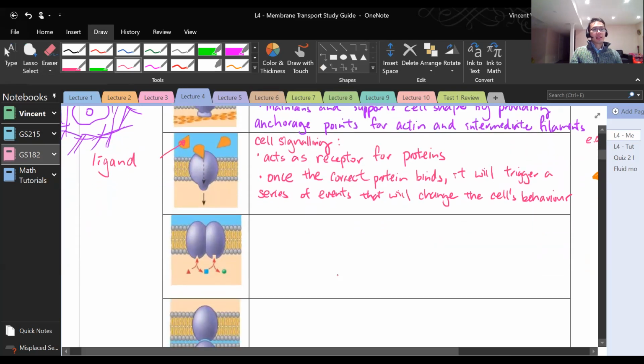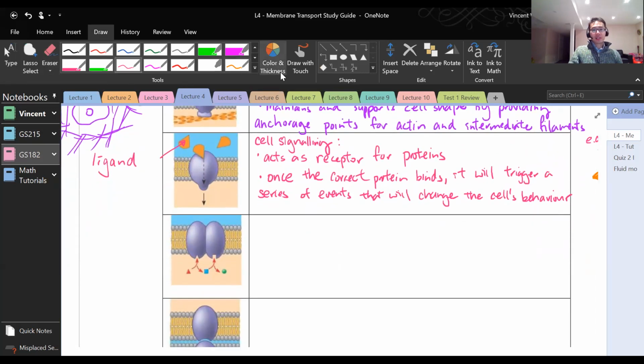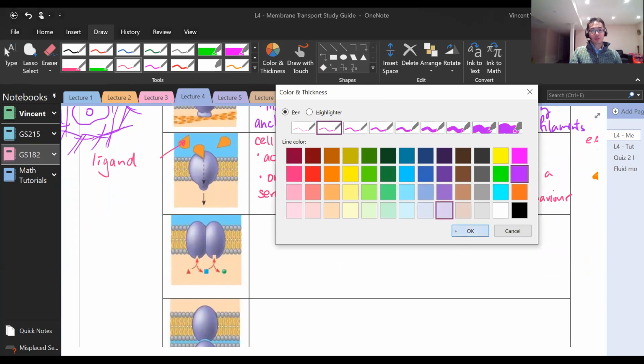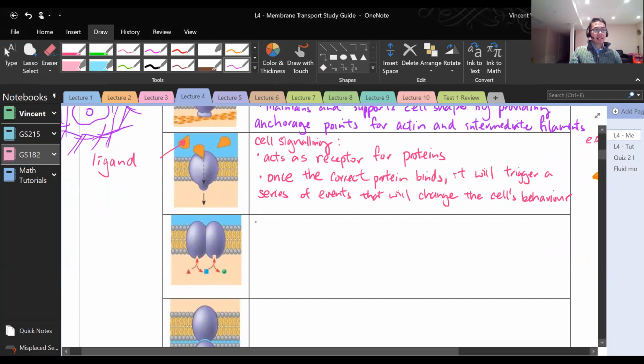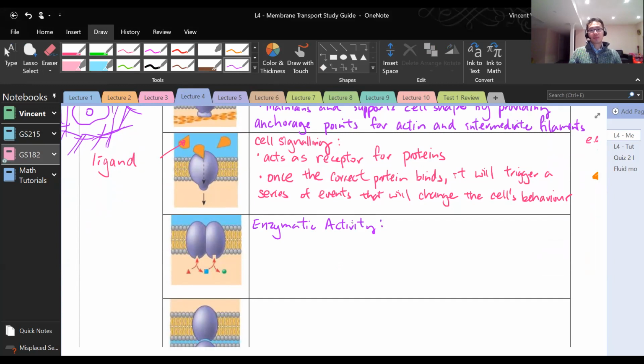All right, another function. Let's go back to purple. I like to switch back and forth. This is enzymatic activity. You might remember an enzyme is a protein that allows you to speed up chemical reactions in the body.